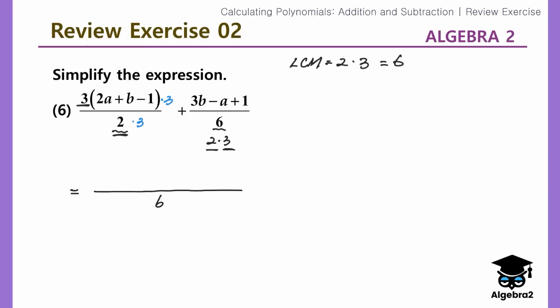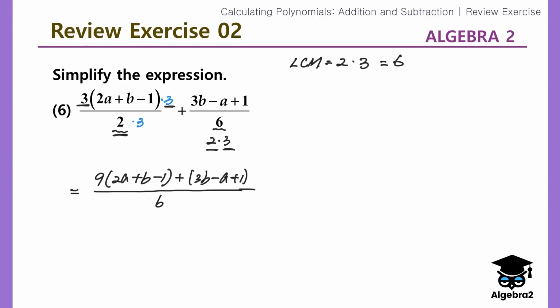Here we have 3 times 3, that's 9, times 2a plus b minus 1, plus 3b minus a plus 1. Right? When we combine two fractions, always use parentheses. Okay?